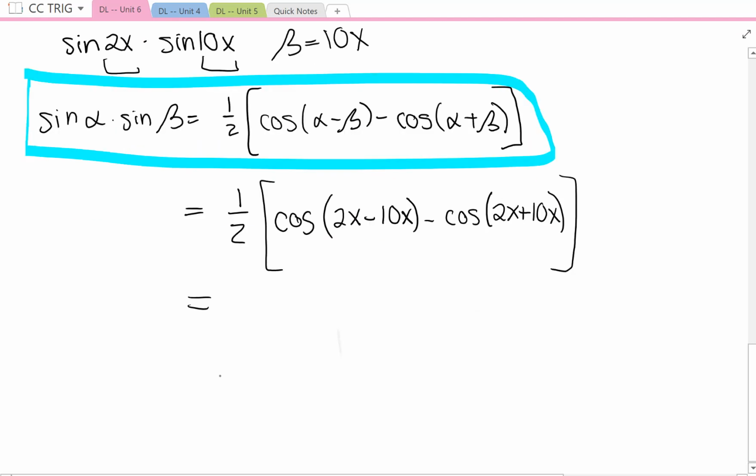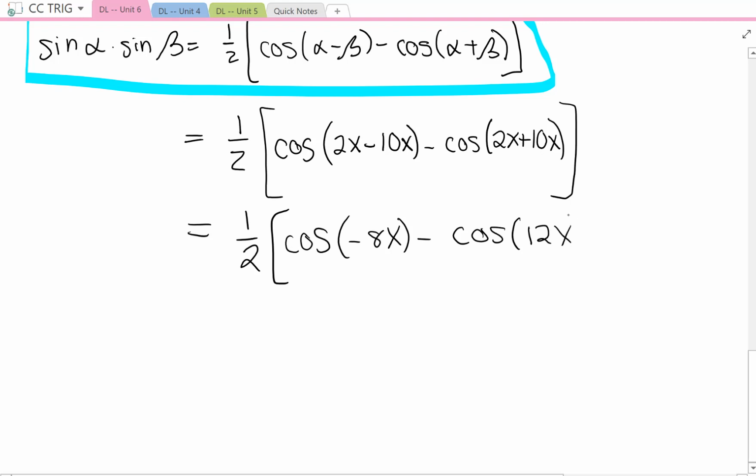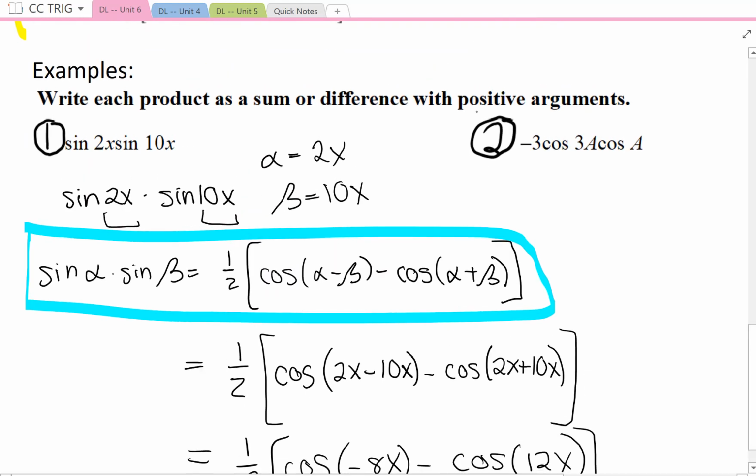The rest is just algebraic simplification. 1/2 times the cosine of 2x minus 10x is negative 8x, minus the cosine of 2x plus 10x is 12x. The directions asked us to leave our answers in only positive arguments.